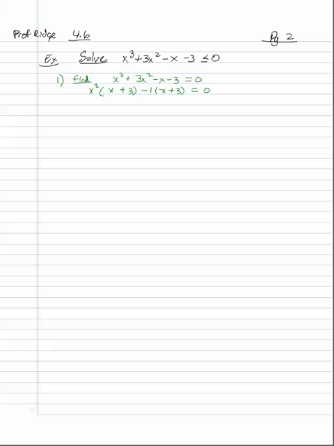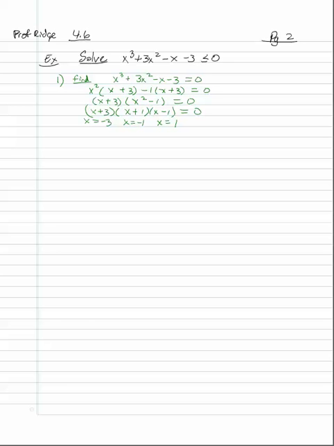So then I get x plus 3, the parentheses match, factor that out, x squared minus 1. So x plus 3, and that's a difference of squares, x plus 1, x minus 1. So x equals negative 3, x equals negative 1, x equals 1. So those are my critical values.